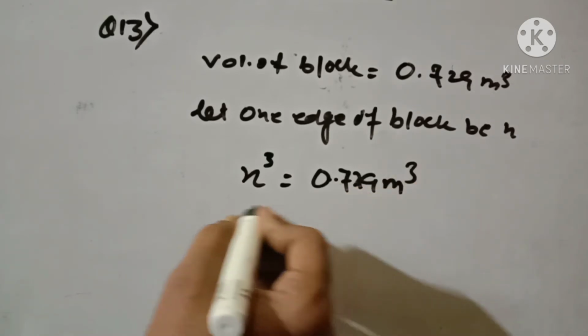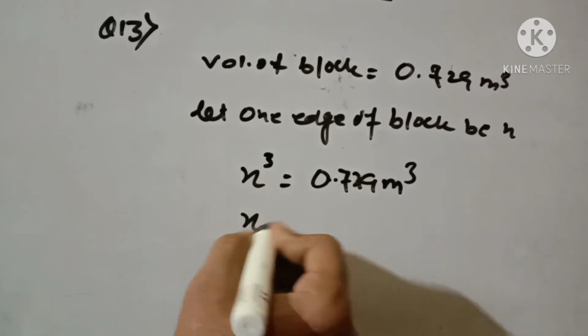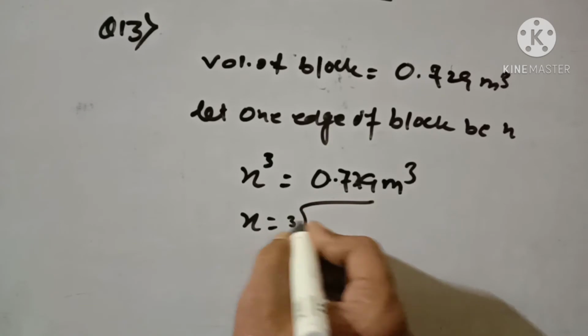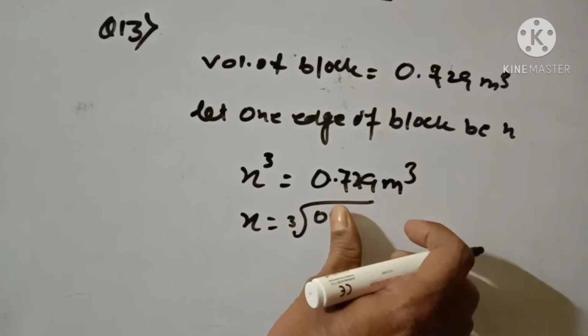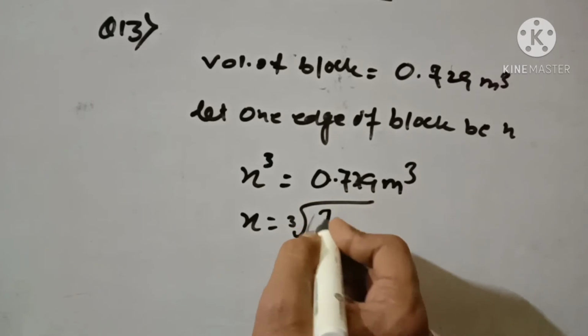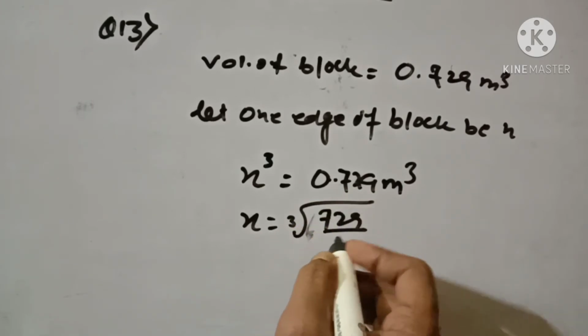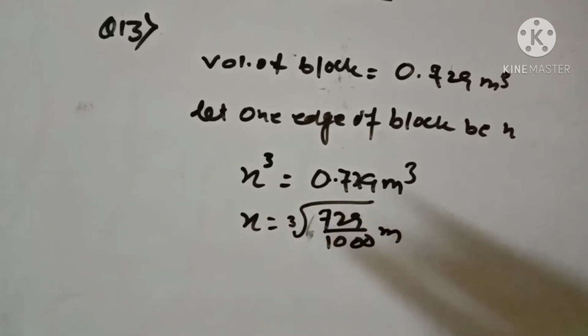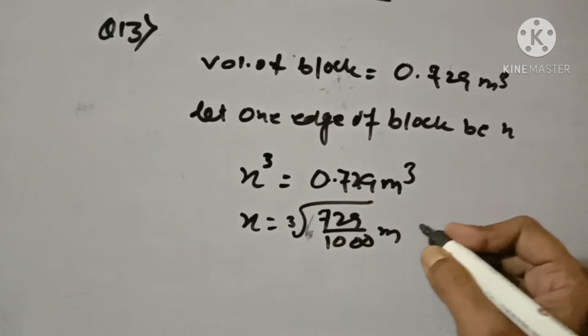Now removing the cube, so it will be cube root of 0.729, here also removing the point, so it will become 729 by 1000 meter.